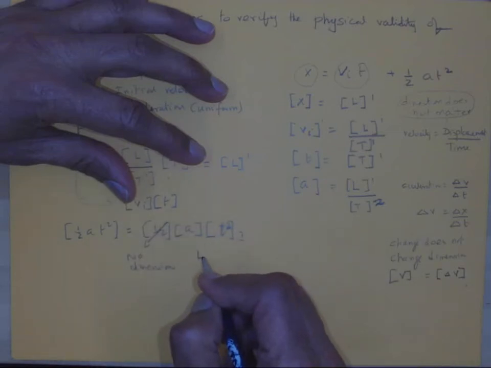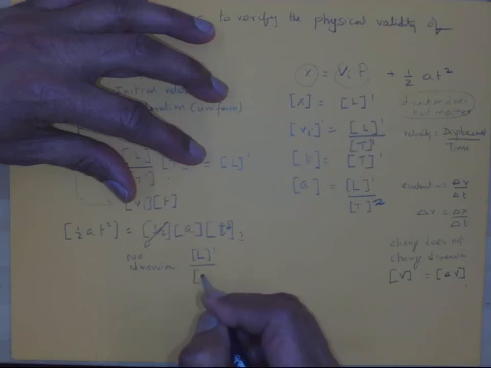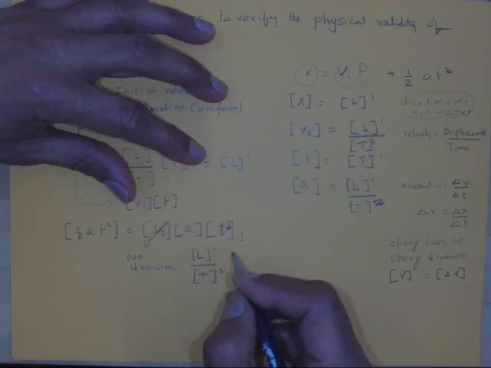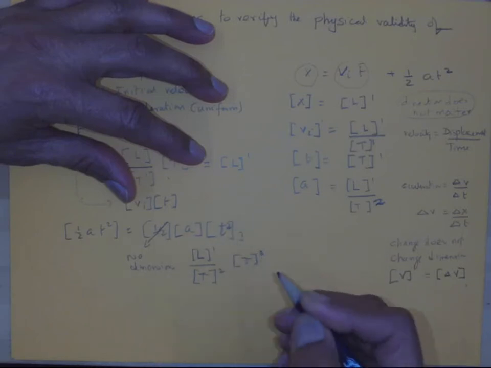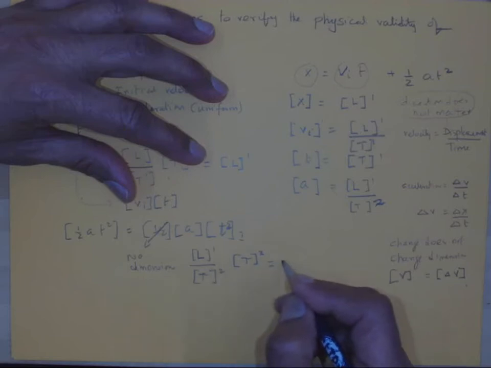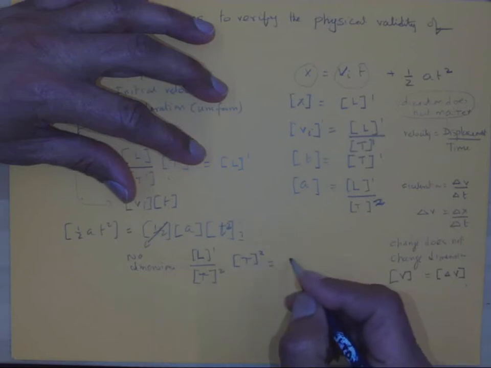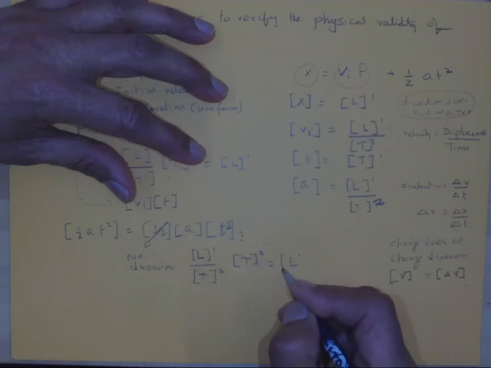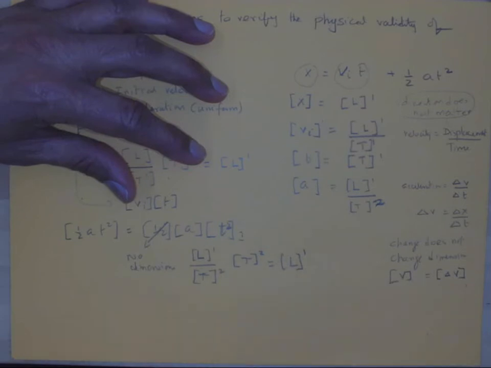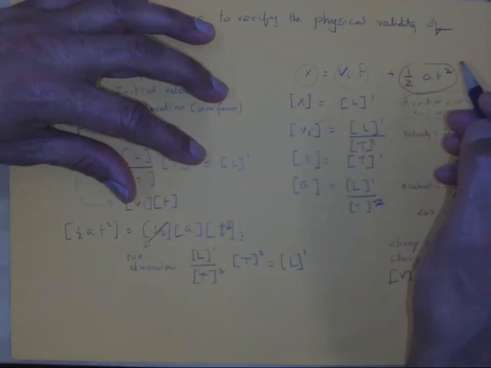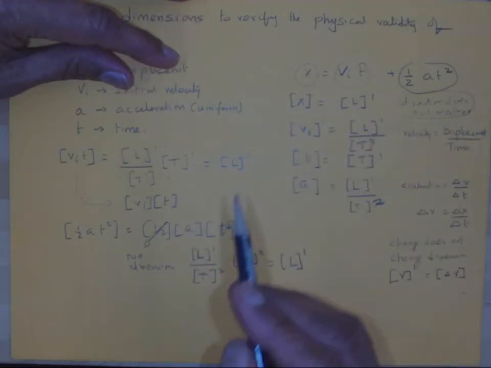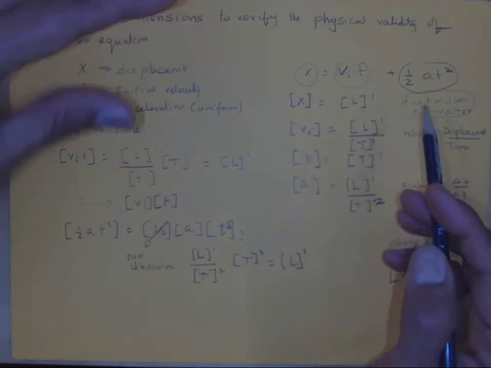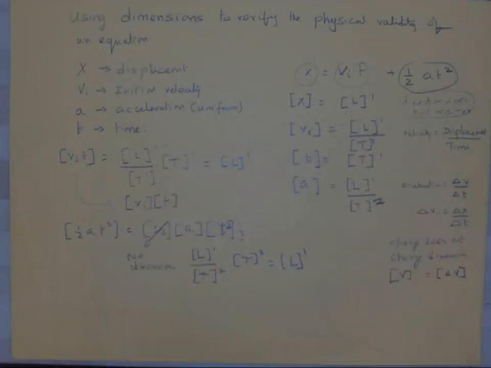So dimensionality of a will be L raised to 1 divided by t raised to 2, and dimensionality of t squared will be t raised to 2. And t squared cancels off, or let's say divide each other. Its dimensionality becomes L raised to 1. Aha, the dimensionality of this is also L raised to 1. Dimensionality of this one is L raised to 1, and dimensionality of this one is also L raised to 1. That means this equation at least is physically not incorrect.